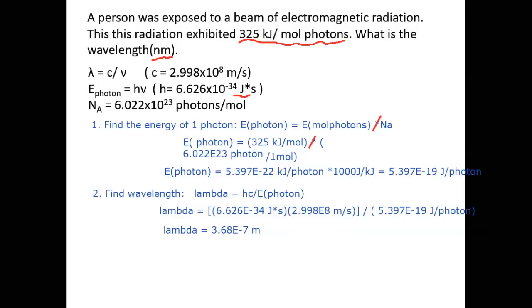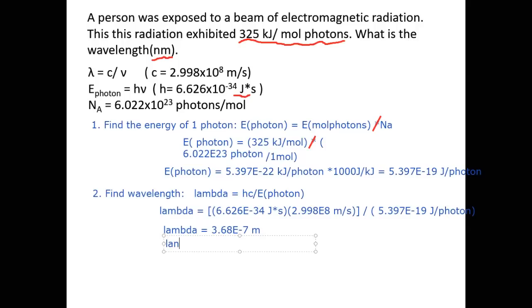Let me just double check, make sure everything is right. Yep. Now we need to convert this to nanometers.